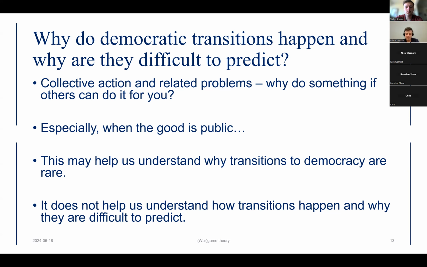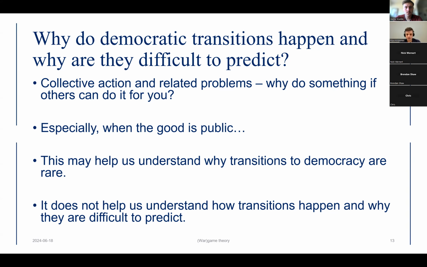Some of them will be, but not necessarily others. And this may help us understand why transitions into democracy are rare. Of course, dictatorial governments tend to also use their own means of squashing the opposition and not allowing the transition to happen, but there is also this lack of incentives.